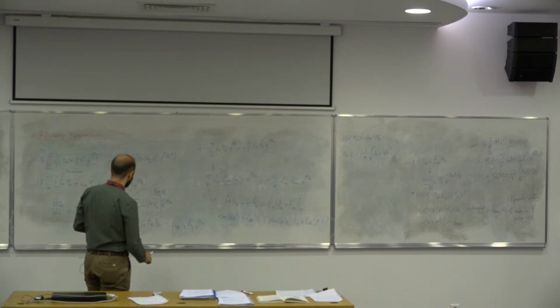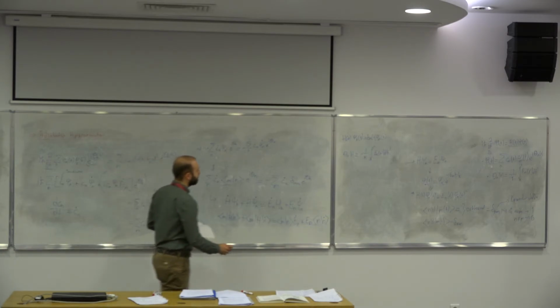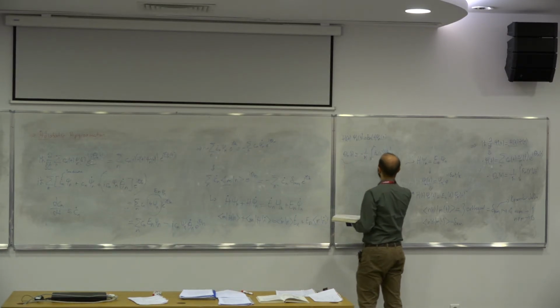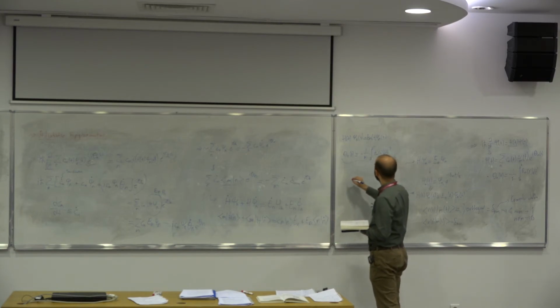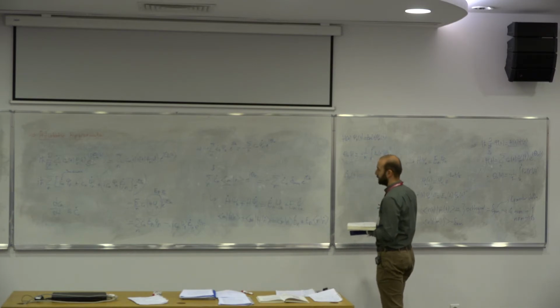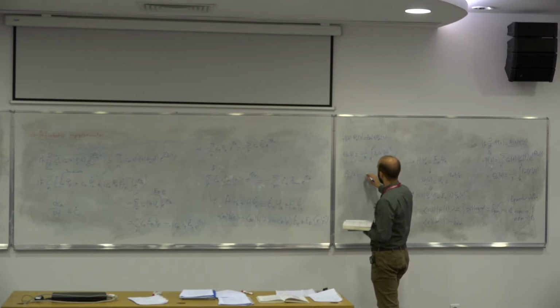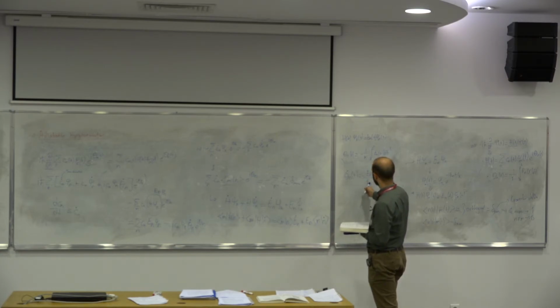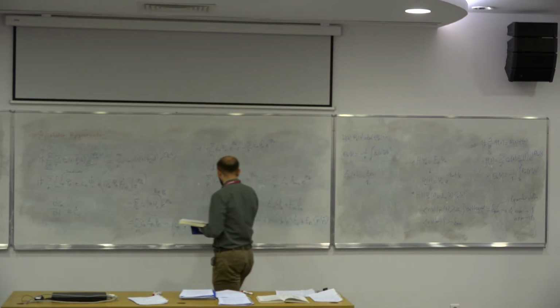Then this guy, I can write as theta dot n of t equals minus En over h bar.